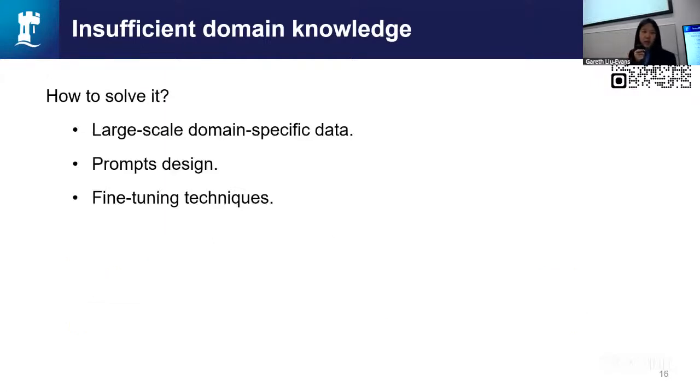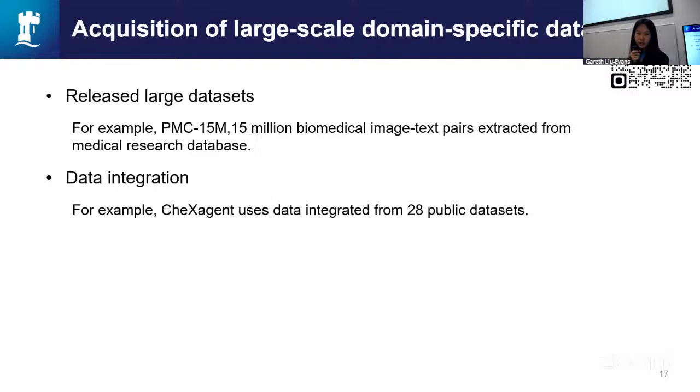Firstly, we need to get large-scale domain-specific data to train these models, and then we need to design the prompt to make the model know what we want to get from it, and then we need to fine-tune the model. First is the large-scale domain-specific data: how do we obtain it?